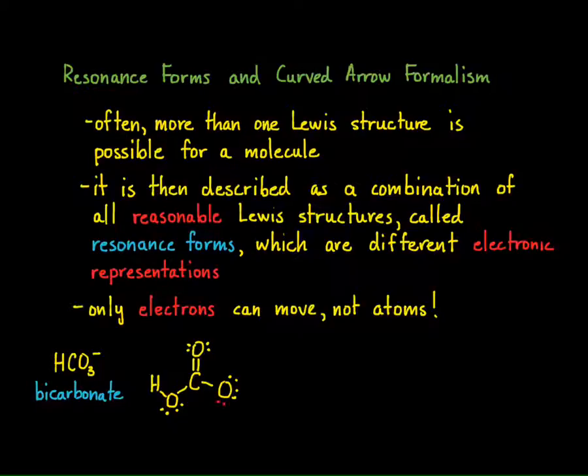I'm going to draw the third pair in red because we have a negative charge on this particular structure. The hydrogen has zero formal charge. The oxygen connected to the hydrogen has zero formal charge. The carbon has zero formal charge. And the top oxygen has zero formal charge. And so the oxygen on the right has a negative formal charge.